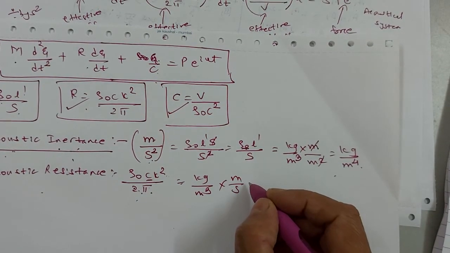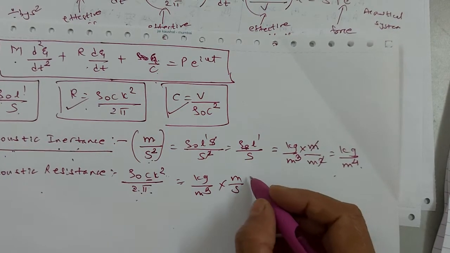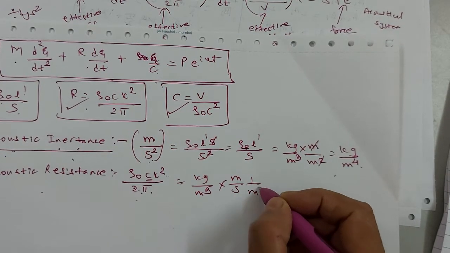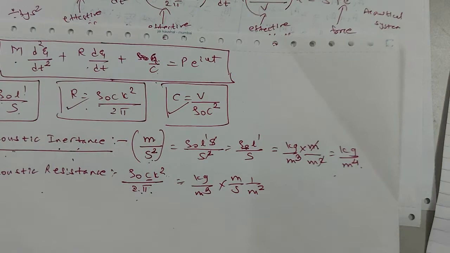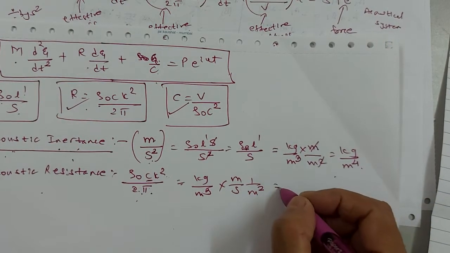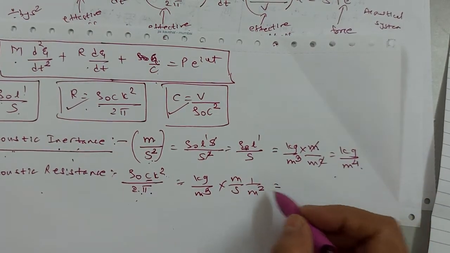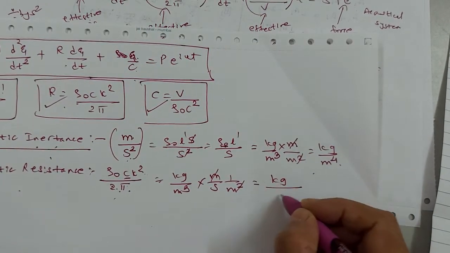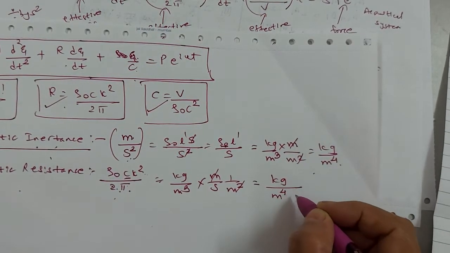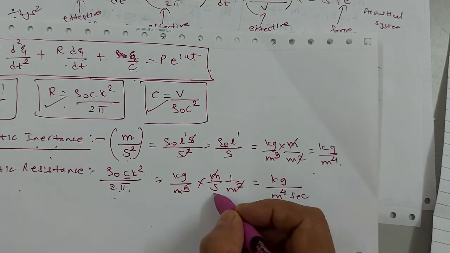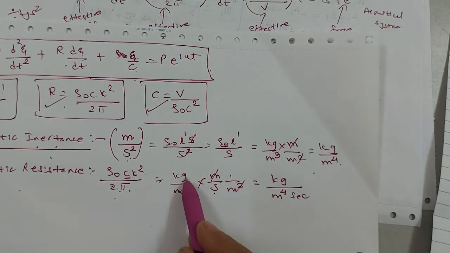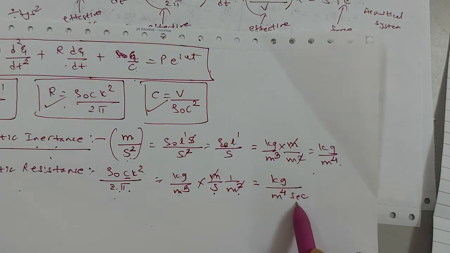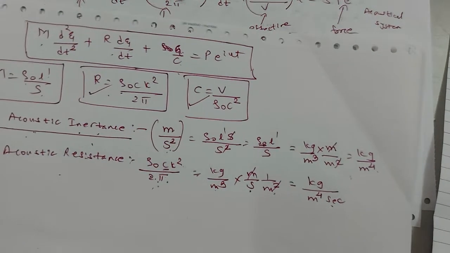Then 2 pi has no unit, and K square will be 1 upon m square. From that, 1 m gets cancelled obviously, and you have kg per meter raised to 4 second. So kg per meter raised to 4 second is the unit of acoustic resistance.